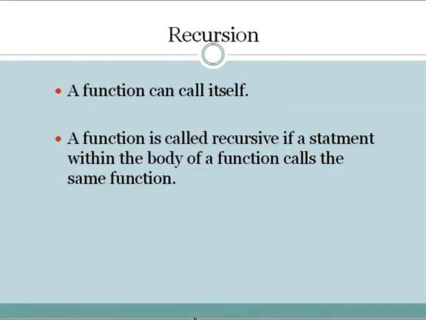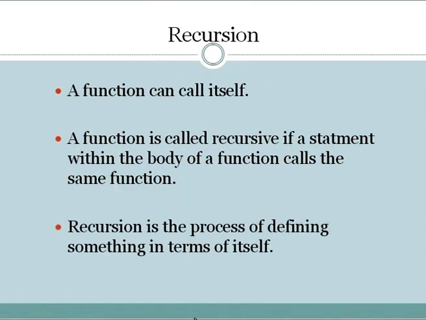Recursion is a mechanism in which a function calls itself repeatedly but in a controlled manner. A function is called a recursive function if a statement within the body of the function calls the same function.